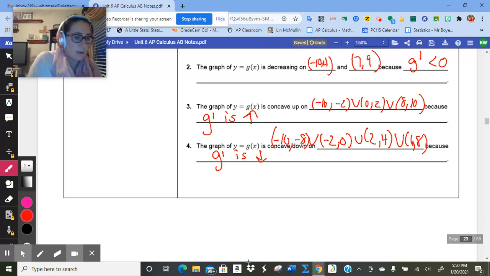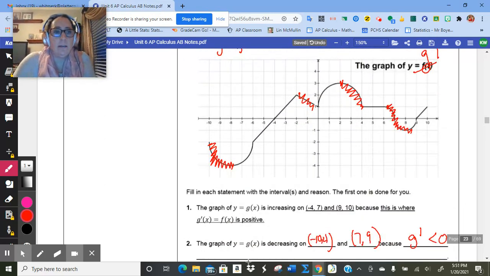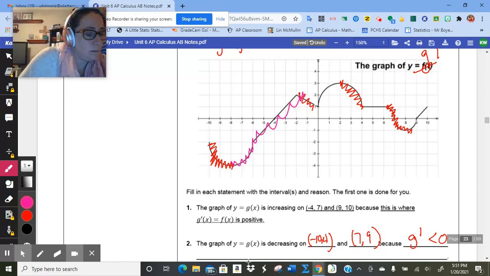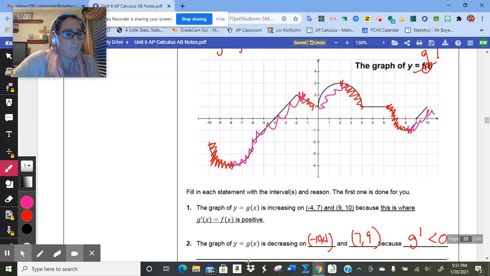Oh, I'm going to write that down. I messed it up on my notes. What? Okay. So what was that? -10 to -8. All right. So then we said that the increasing was from -8 to -2, 0 to 2, and 8 to 10.